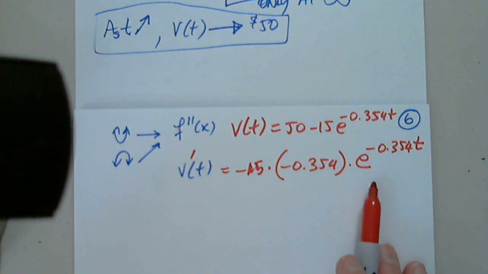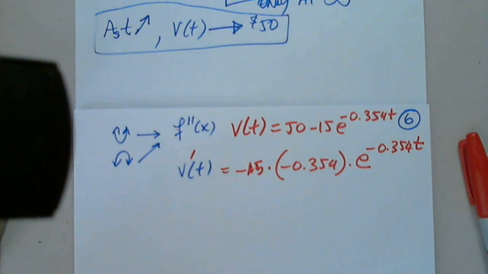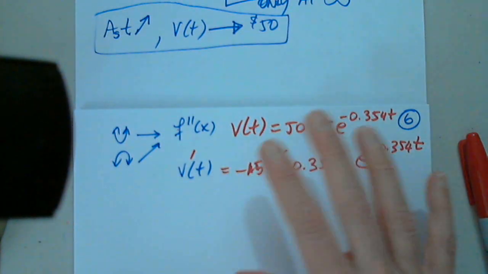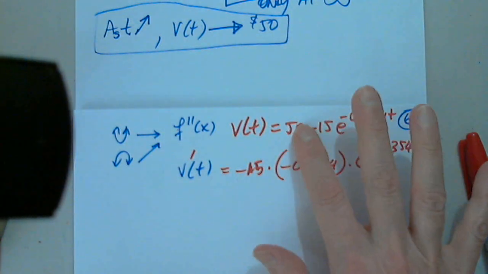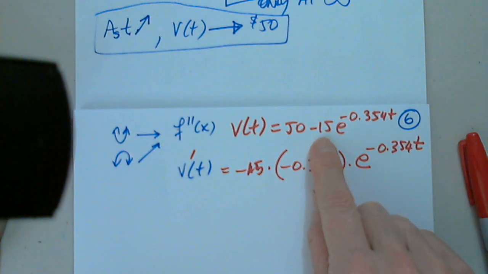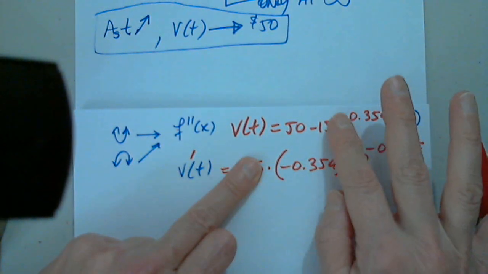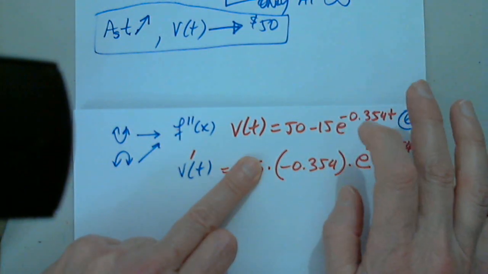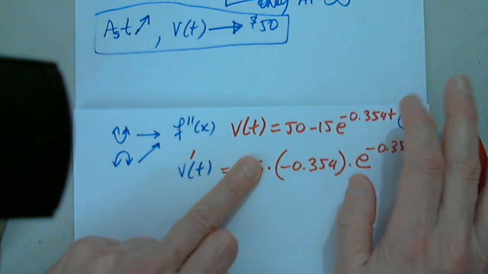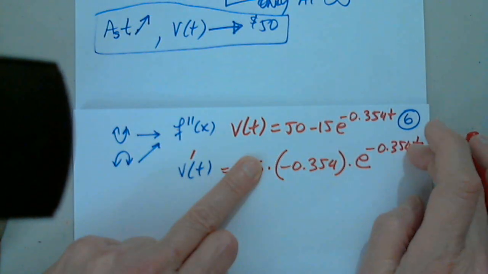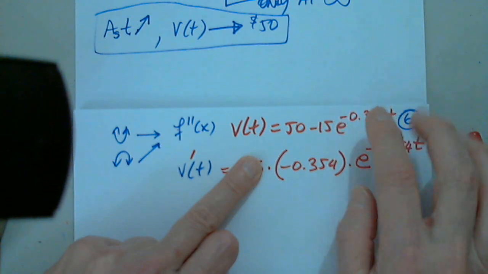Everyone understands what I just did, or is it not? Is it clear or not? Could you repeat it one more time? Yes. 50 prime is 0. So I have to copy the negative 15. And when I differentiate this piece, e to u prime is e to u times the inner function prime.